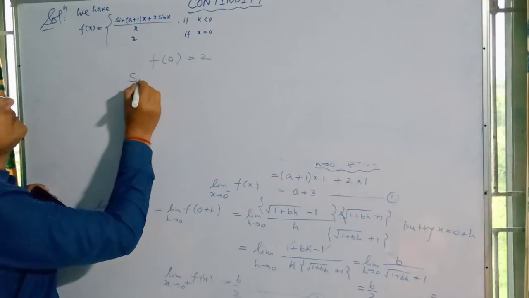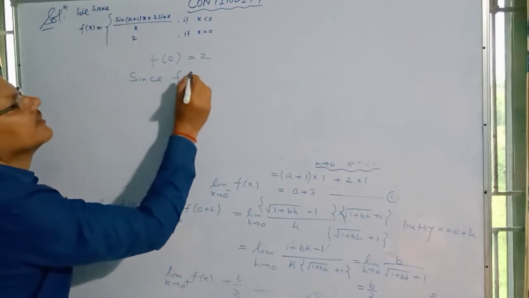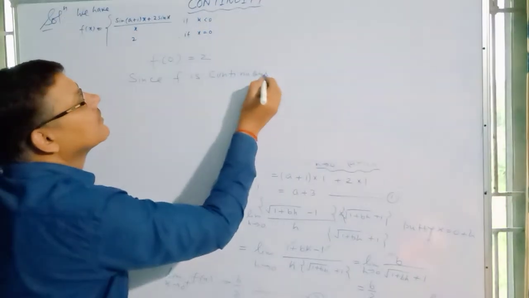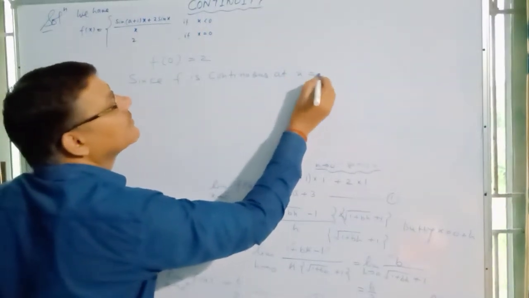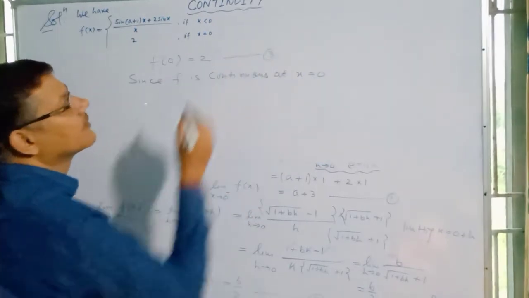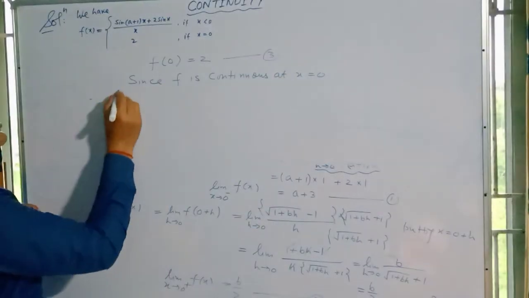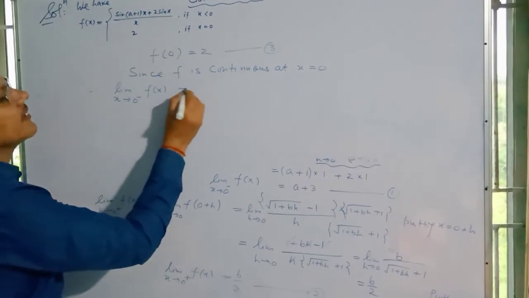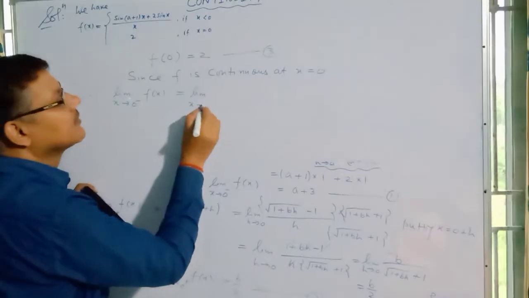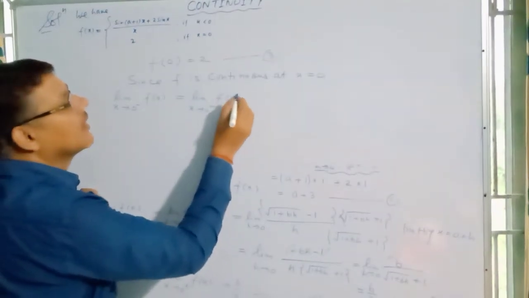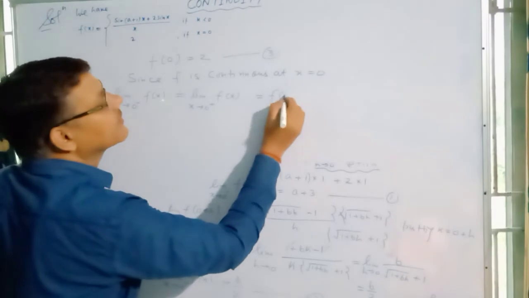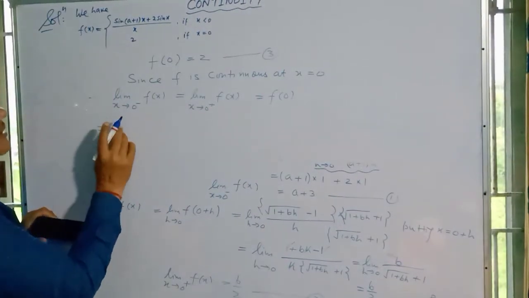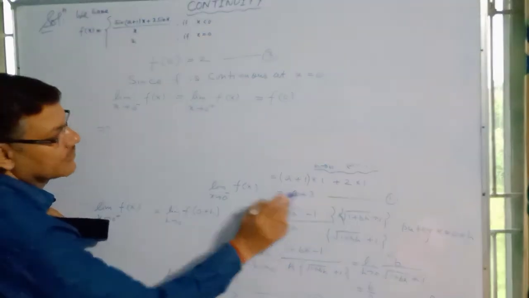Since f is continuous at x equal to 0, therefore the limit as x tends to 0 from the left is equal to the right hand limit, and it is equal to the value of the function at that point. It is by the definition of continuity. Now by equation number 1, its value is a plus 3.